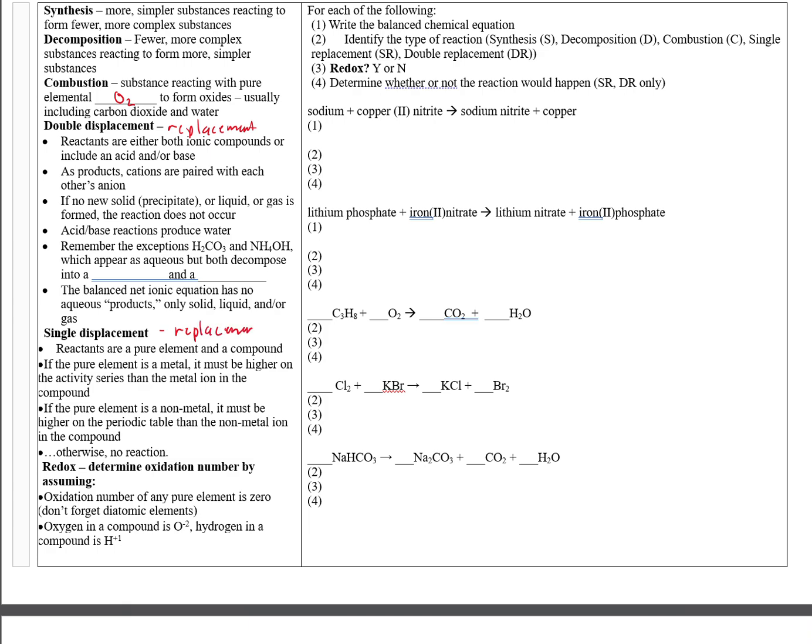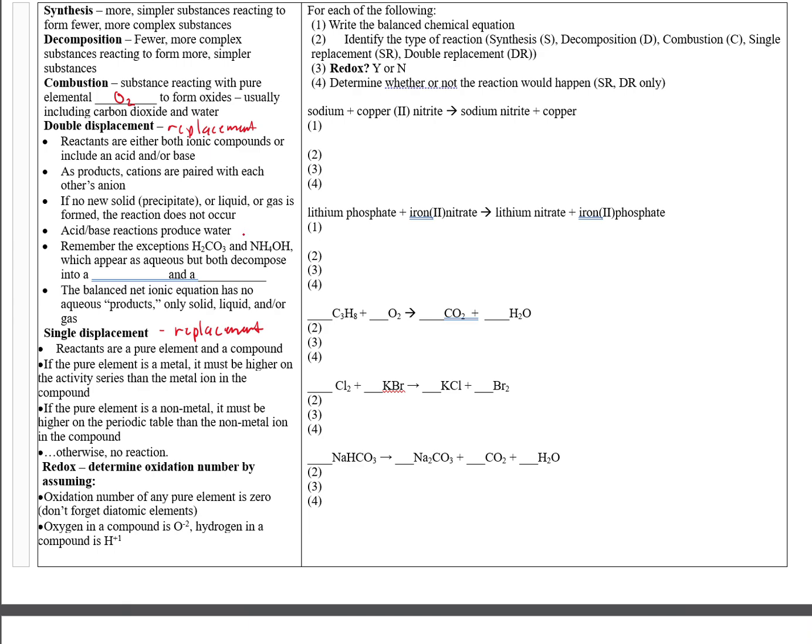And so the reactants are either both ionic compounds or include an acid and or a base. And as products, the cations have been paired with the other anion that they weren't paired with before. If there's no new solid, which we call a precipitate, or liquid, or gas formed, the reaction doesn't occur.